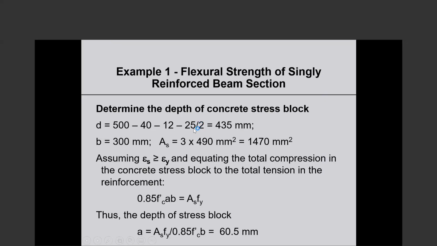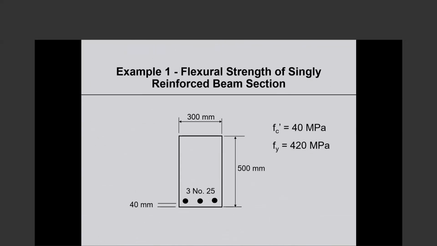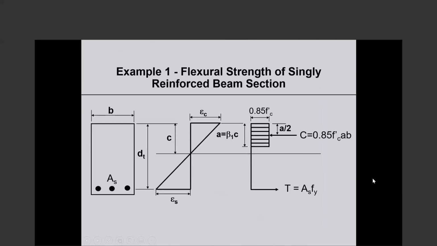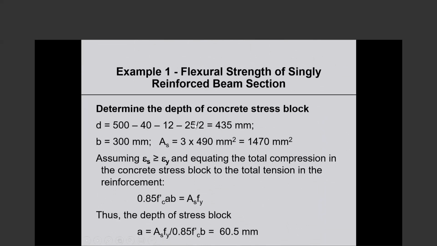So 500 minus clear cover of 40 millimeters. Not shown in the picture is there is a stirrup or a tie around the bars. We need them even for construction reasons. So that is 12 millimeter diameter. And then we take away half the diameter of this bar, the 25 millimeter diameter bar. So that gives us an effective depth of 435 millimeters.